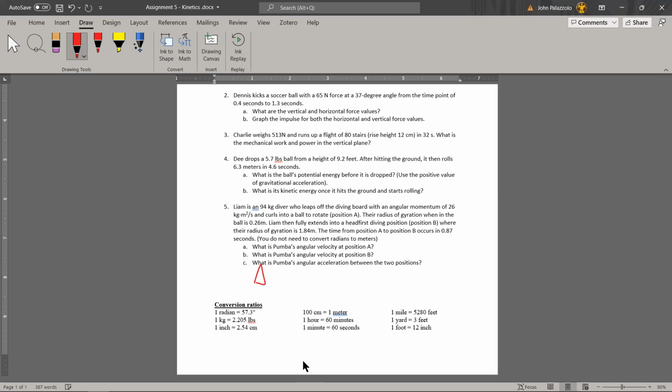For linear acceleration, it's change in velocity over change in time. For angular acceleration, it's change in angular velocity, which is change in angular displacement over a change in time. And you do not need to convert radians to meters, but if you want to, you can, but you don't necessarily need to.